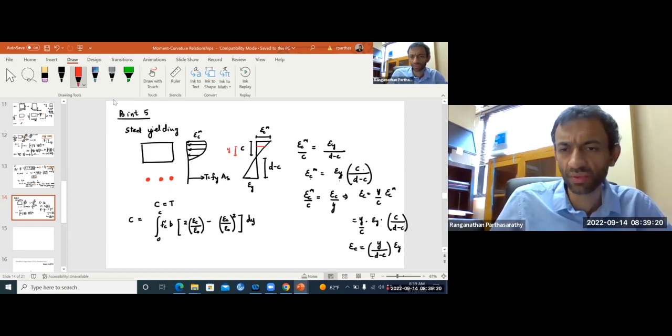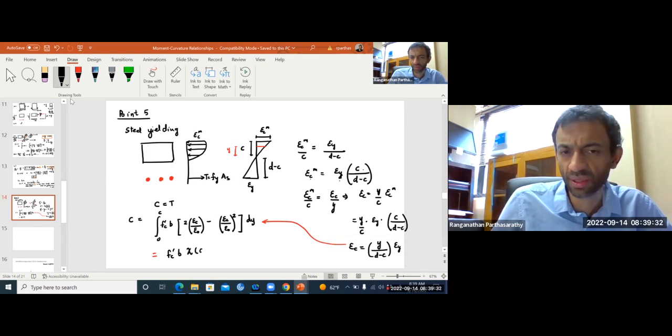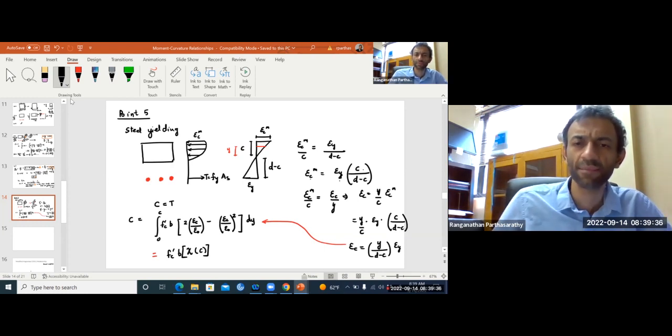Now we are going to plug in epsilon C here in terms of y. Once again, you will get Fc prime B times some nonlinear expression in C. Now, T is FY AS.